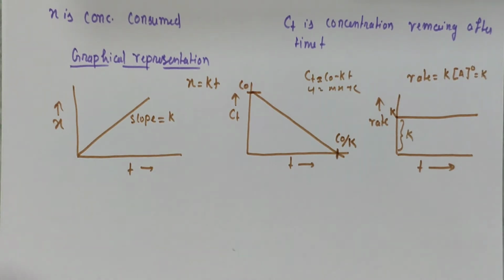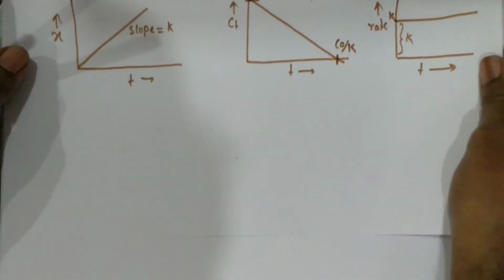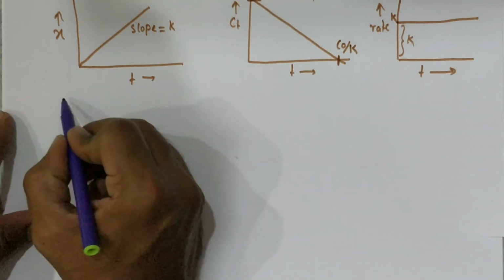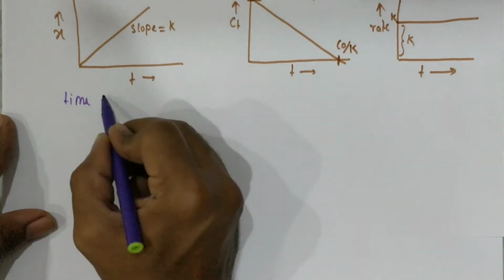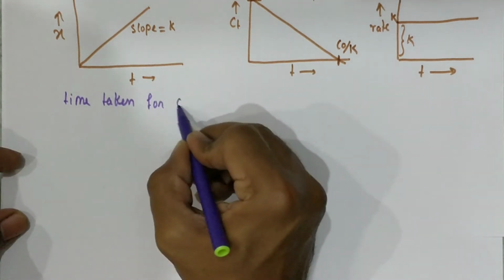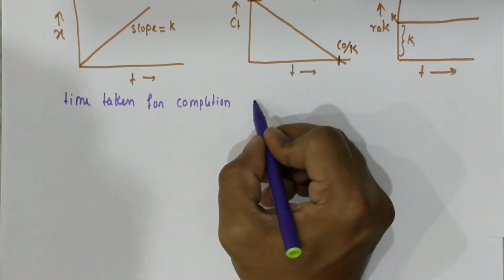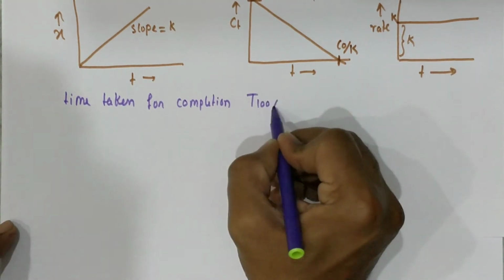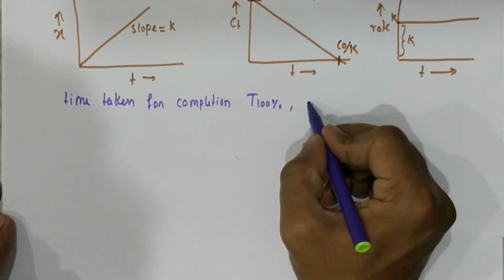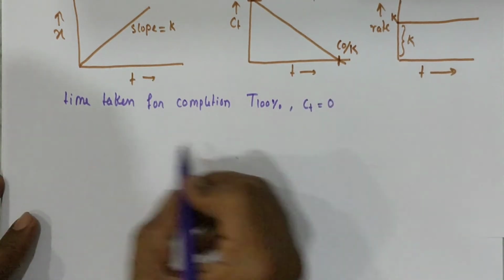Now let's find the time taken for complete reaction. So we can write the time taken for completion, that is t 100%, 100% completion of the reaction. So at 100%, concentration will become equal to 0.